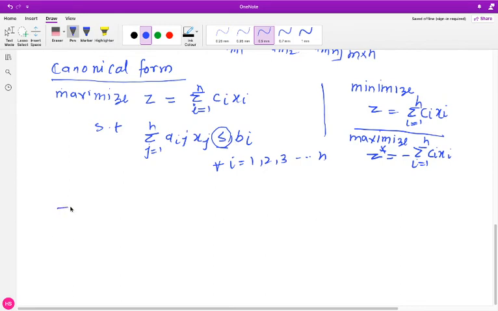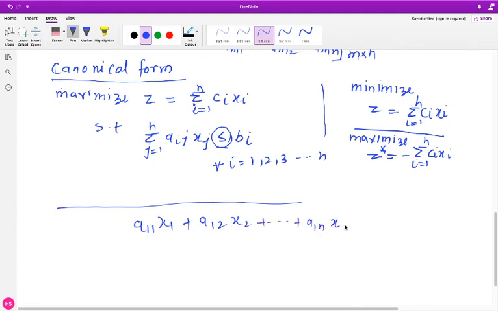For example, let us write down one constraint in the given LPP: a11 x1 plus a12 x2 plus dot dot a1n xn is greater than or equal to b1.